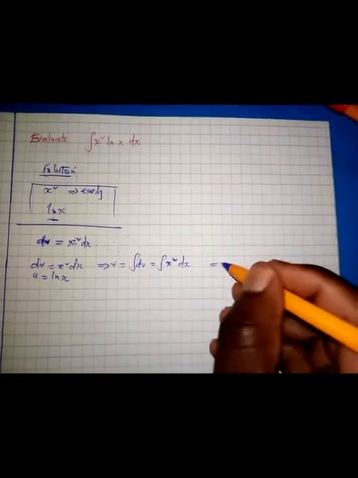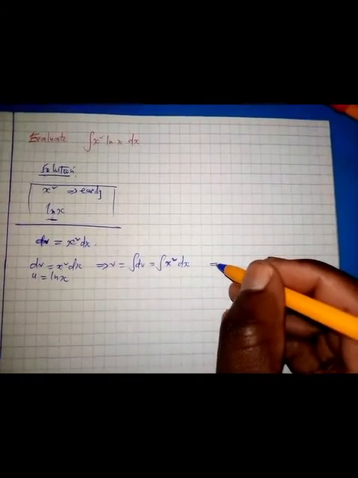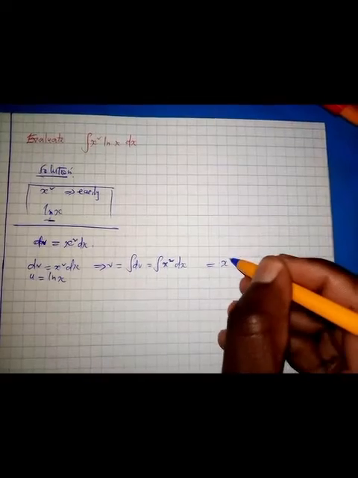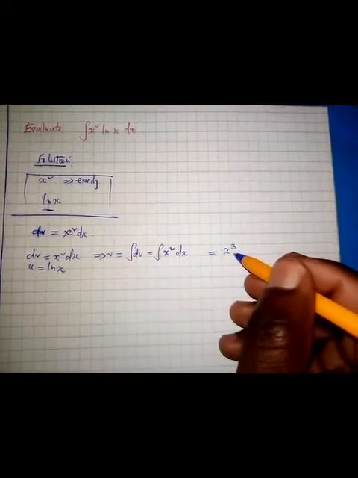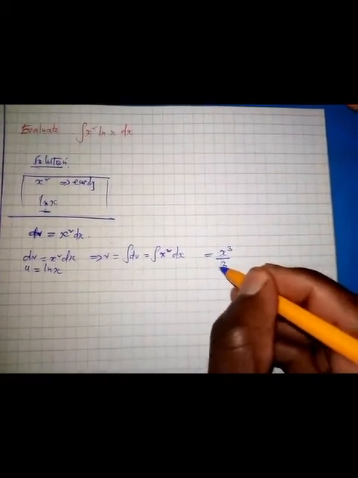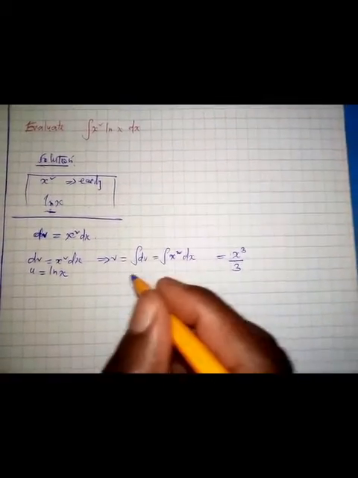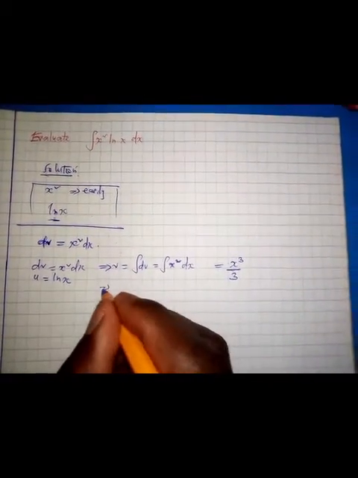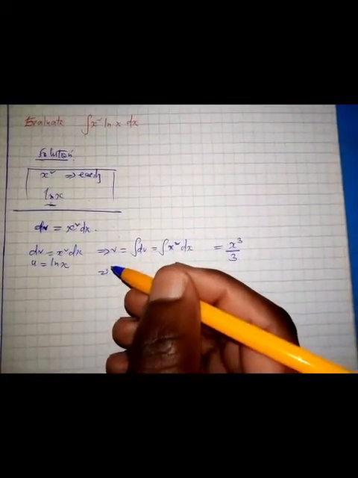So the answer becomes x cubed over 3. That is our v.